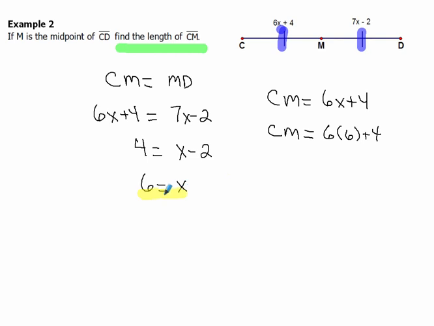So 6 is what's going to go in here for x. Now from this point on, the rest of it is just arithmetic. So 6 times 6 is 36, plus 4, I end up with a total of 40. Now I'm not given any units on this one, so to say that CM is 40, and that is the end of this problem.